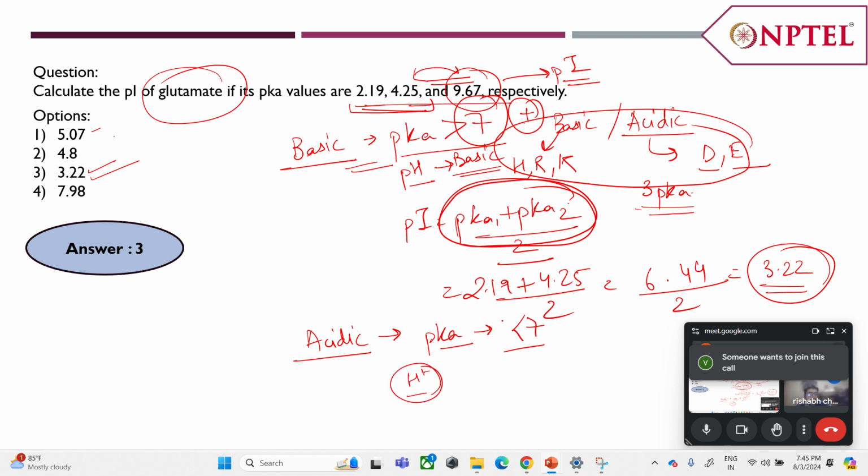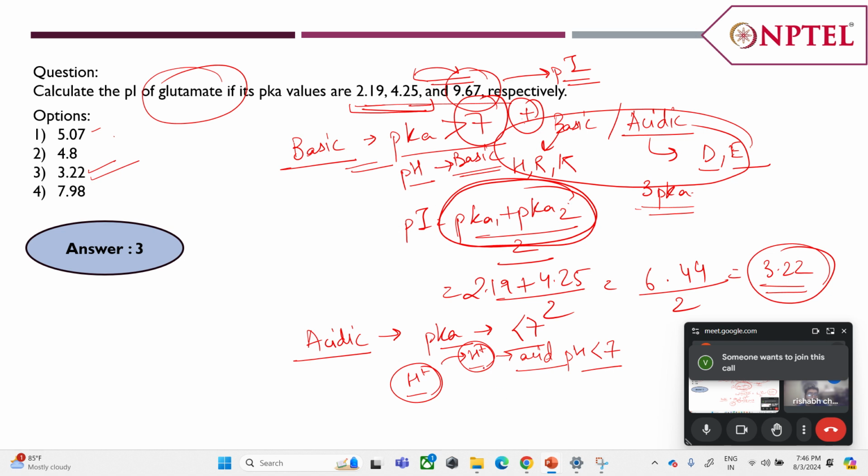As we discussed in the last class, according to Arrhenius or any acid-base concept we study, anything that releases H plus is an acid. As per the pH scale, acids have a pH of less than 7. So the side chain of an acidic amino acid would have a pK of less than 7.